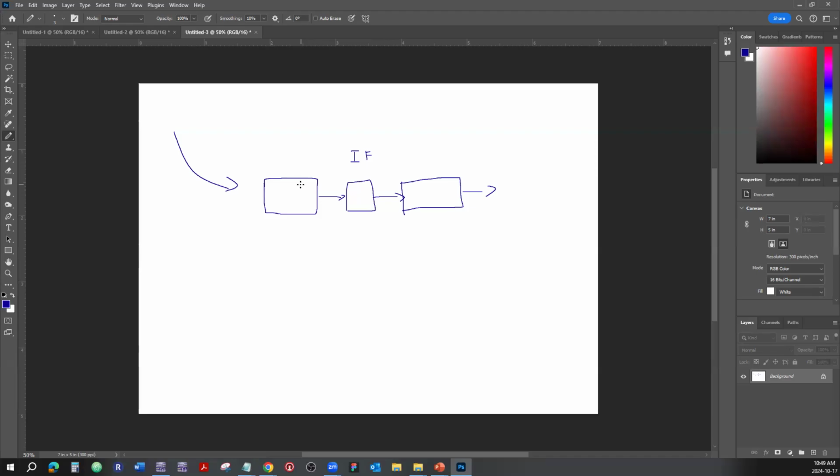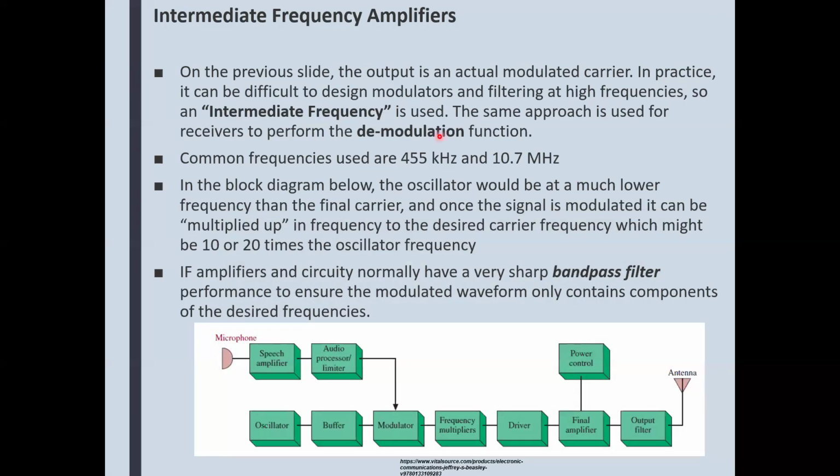By using the frequency multipliers and dividers, that IF is accomplished, and the carrier is easily stripped and discriminated by this intermediate frequency amplifier here. The carrier is stripped, only the intelligence is kept, and the intelligence can be used. So IF, intermediate frequency. Usually this would be for AM, this would be for FM.